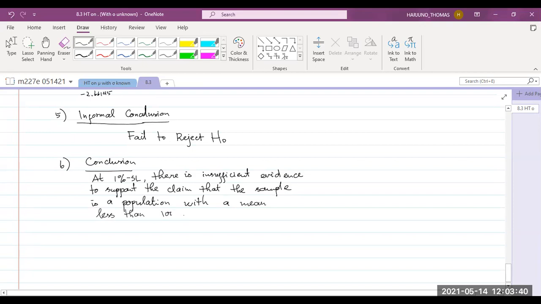So the sample mean is less than, but not significantly less than.